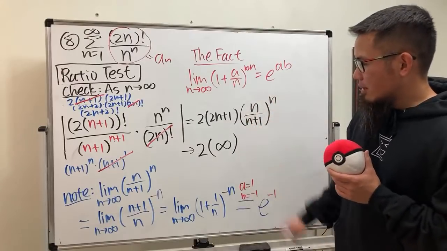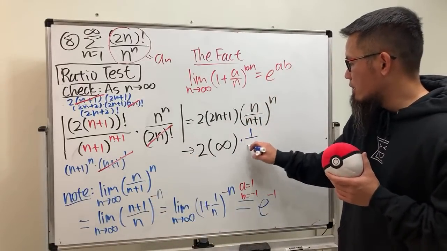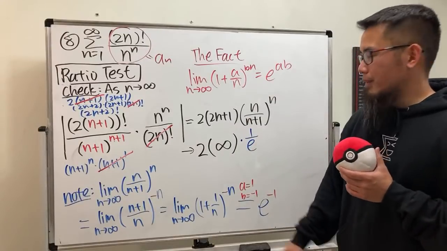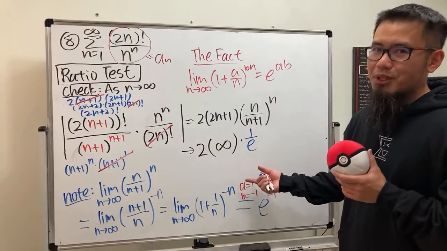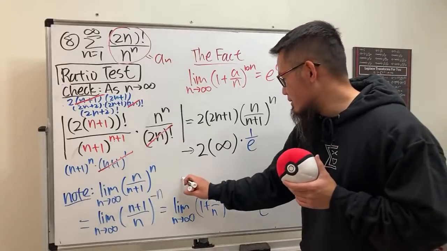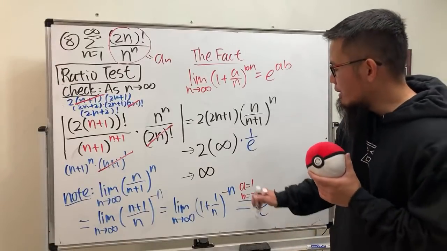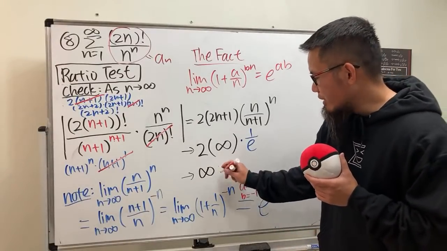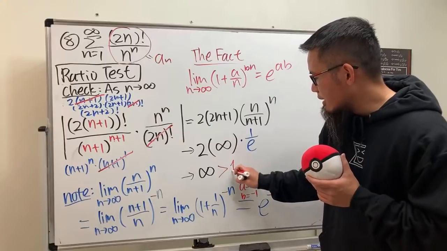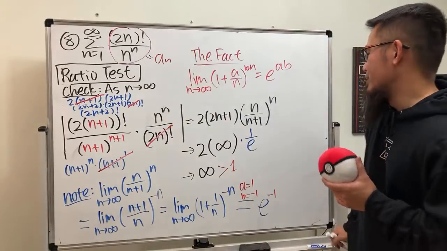And for this, by the blue portion, it's going to give us 1 over e. So all in all, this becomes just infinity. So this is actually just going to be approaching infinity. Therefore, this is greater than 1. So that is what? Diverges, right?